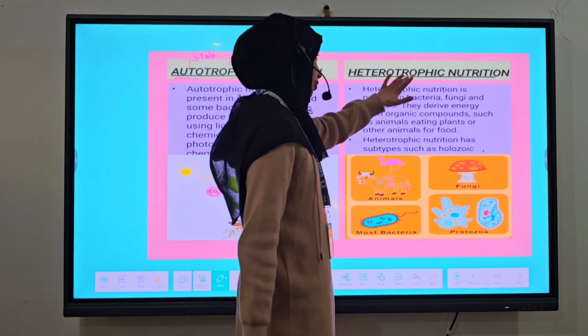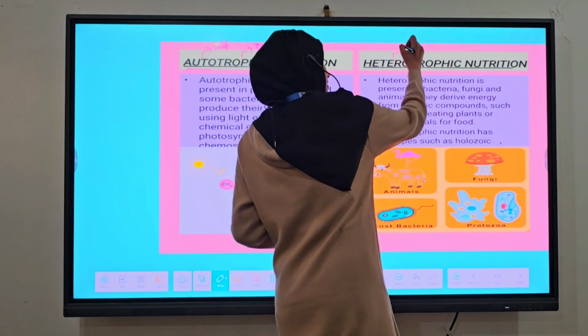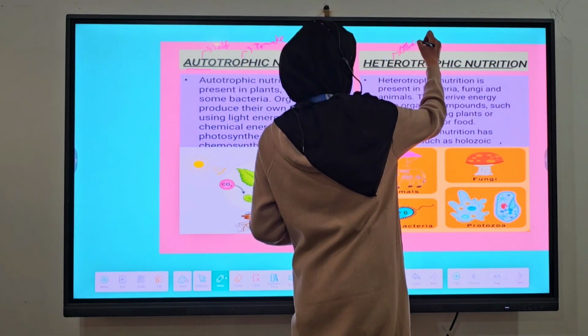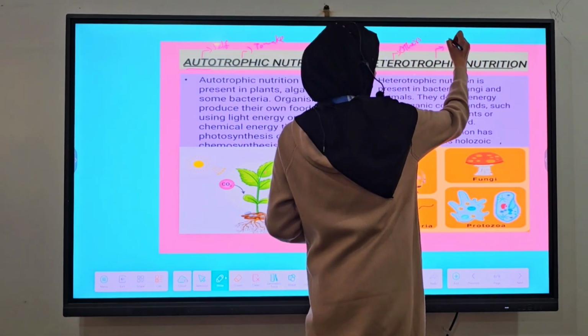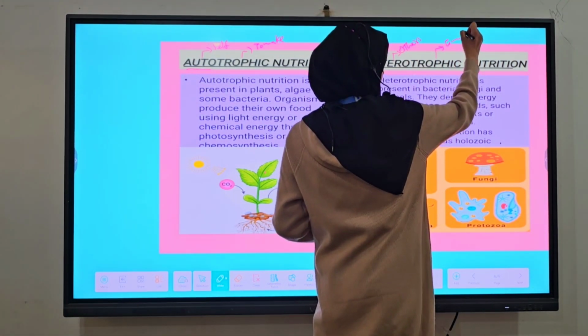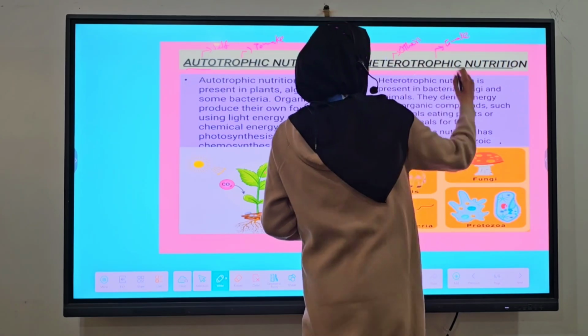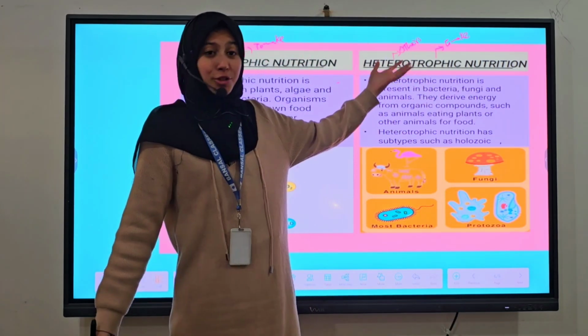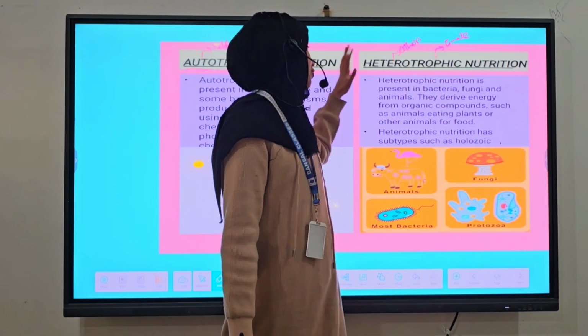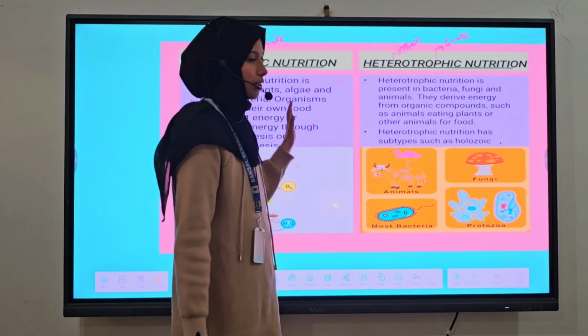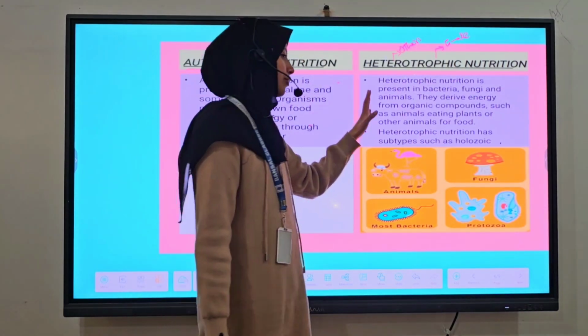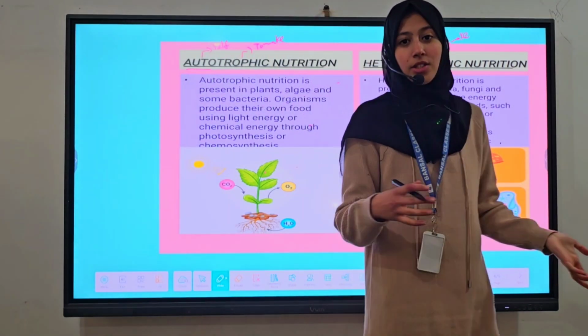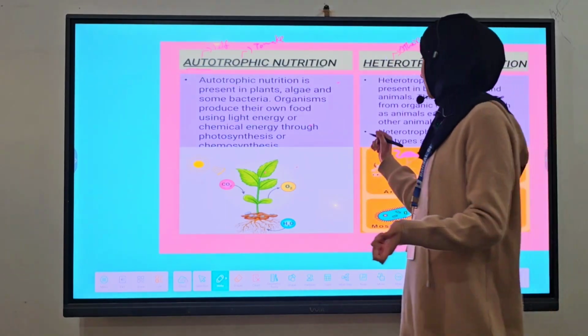But in heterotrophic nutrition, hetero means others and trophic means to make or preparation. So heterotrophs take food from others, or from autotrophs, who are the producers. They take food from other animals who eat plants, or directly from the plants.